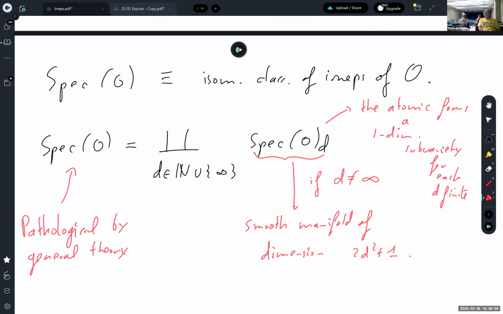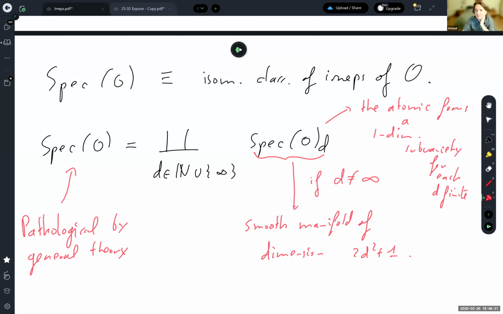What part of this theory could be extended to this category of fractions of trees?